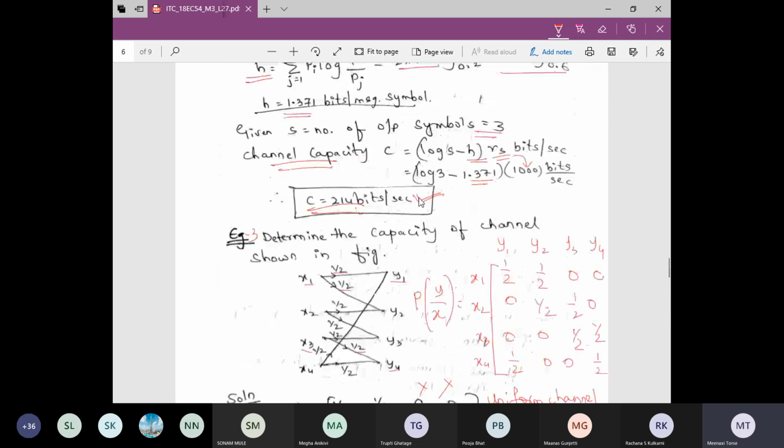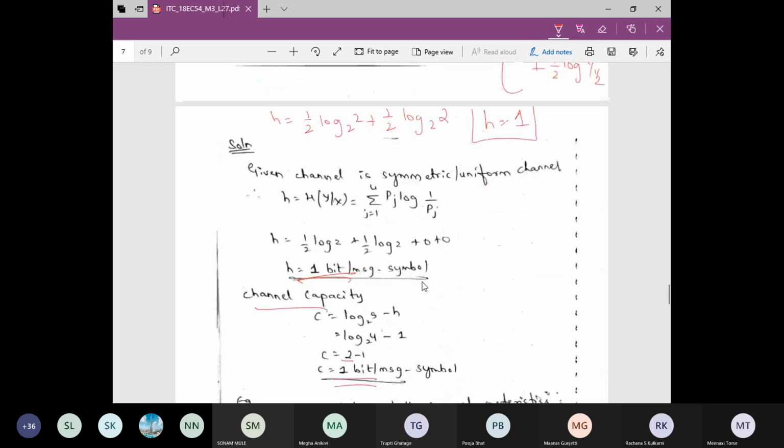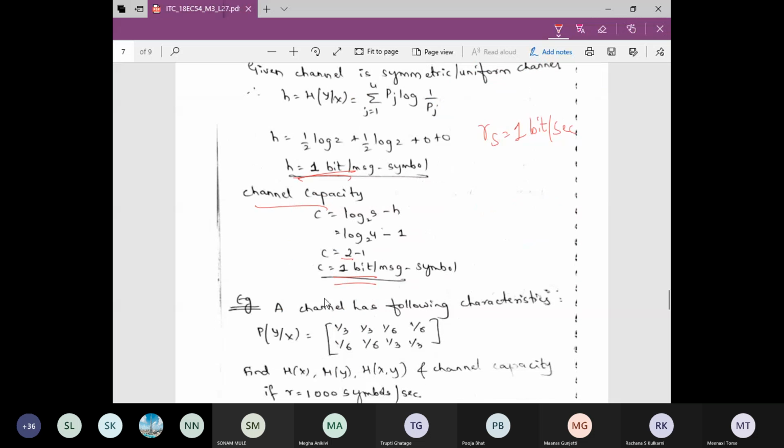So for the third example, symbol rate is not mentioned. So it represents symbol rate Rs is 1 bit per second, which gives us channel capacity as 1 bit per symbol.